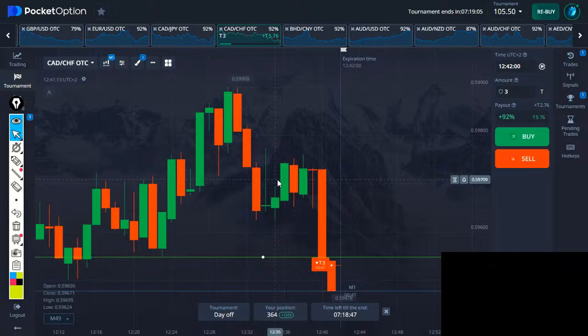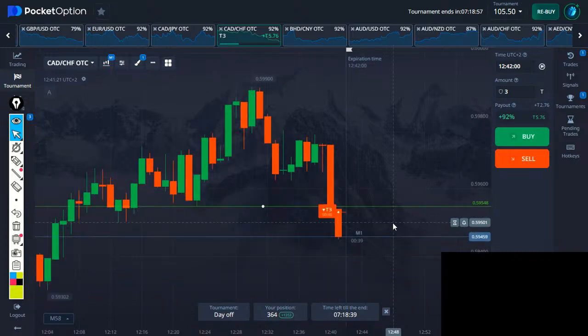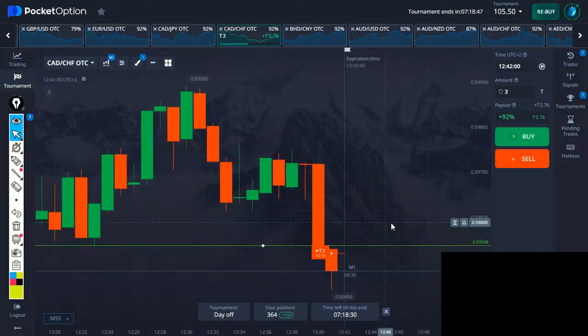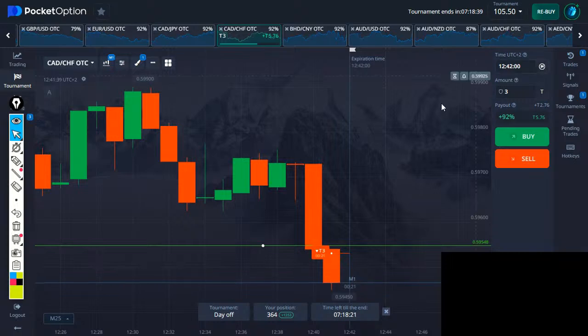Beautiful drop. Nice. Keep going. So I'm using the auto time offset.